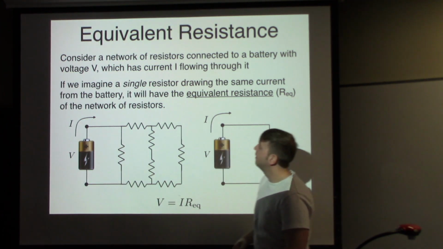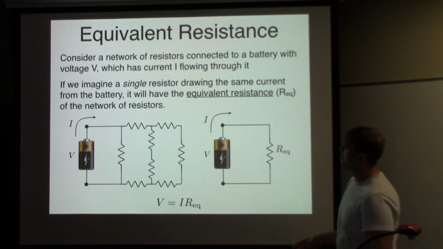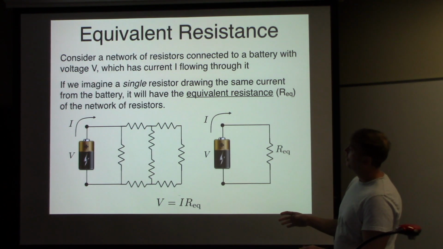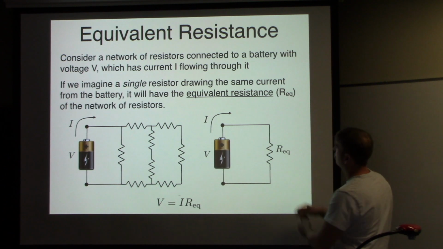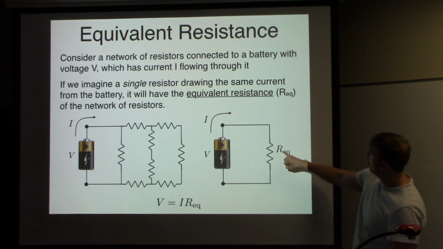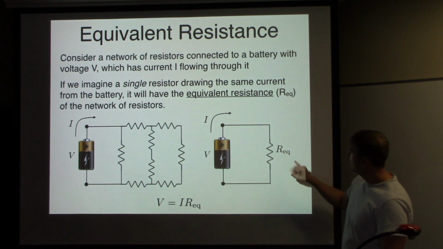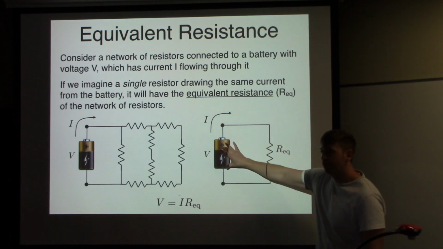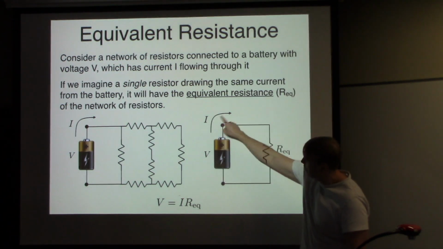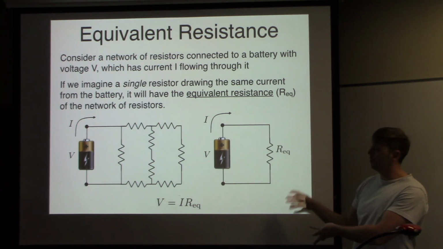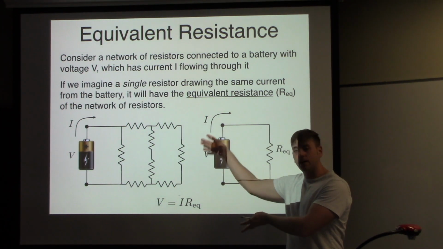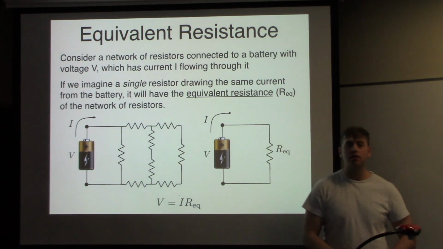So if we want to simplify this situation, we can imagine that this entire network of resistors is actually just a single resistor whose resistance is Req. And if we connect that resistor to the battery, and we get the same exact amount of current flowing through it as before, that's called the equivalent resistance of this network, because it gives you the exact same amount of current as this network of resistors.